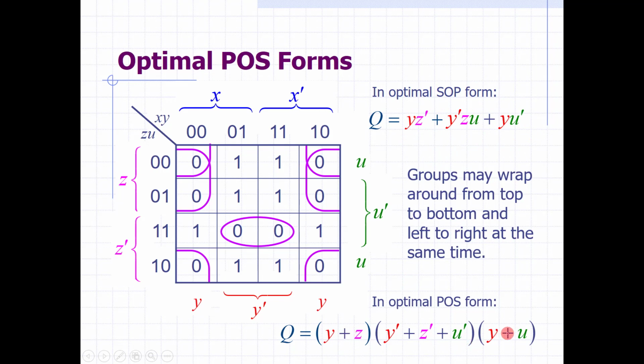When we look at our POS form, we have a bunch of ORs. 1, 2, 3, 4 ORs. But then we have 2 ands. So 4 ORs, there's an and between the brackets. So there's 2 of those. And then the 3 knots. So these expressions have the same number of operators, the same number of things you'd have to actually determine. So they are equal in a sense.